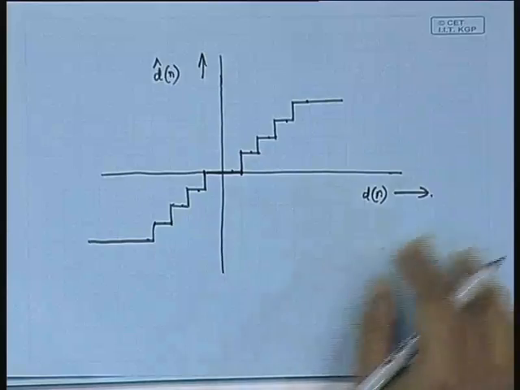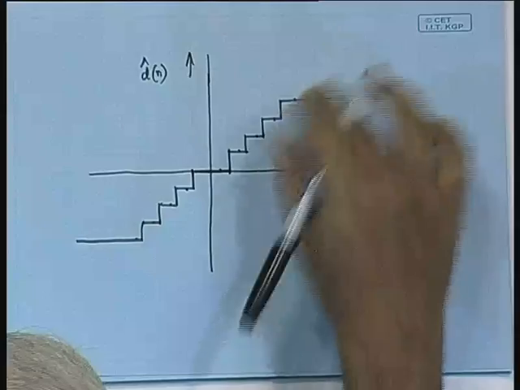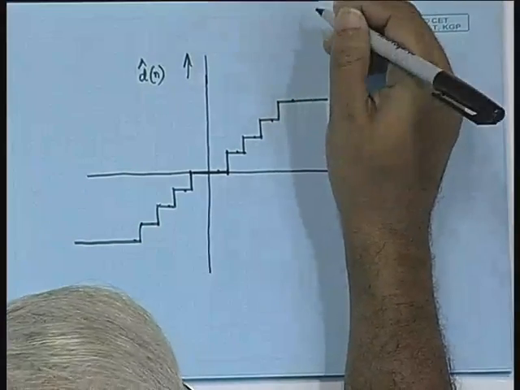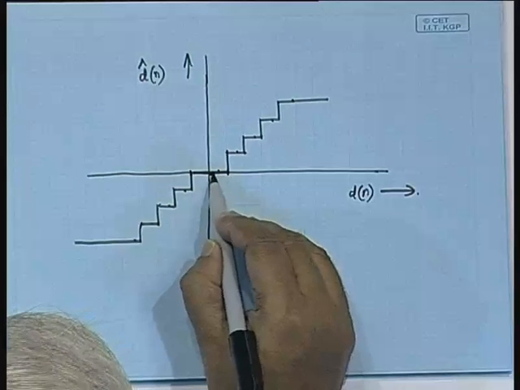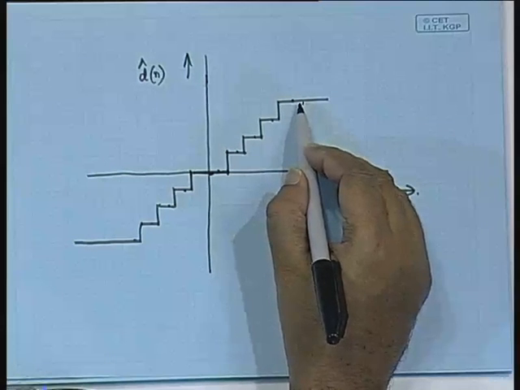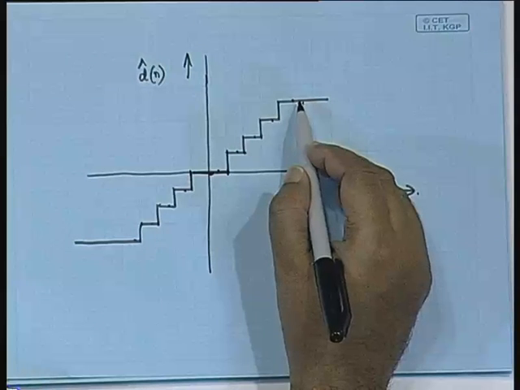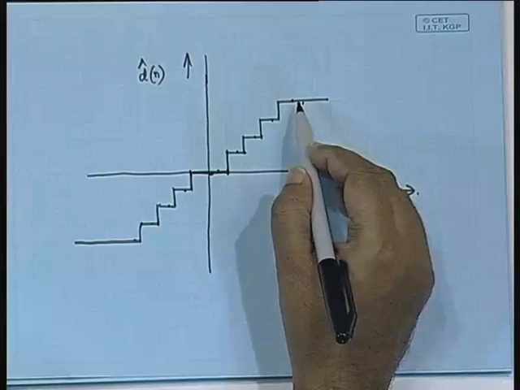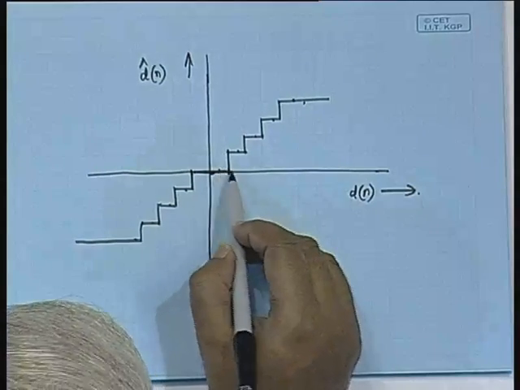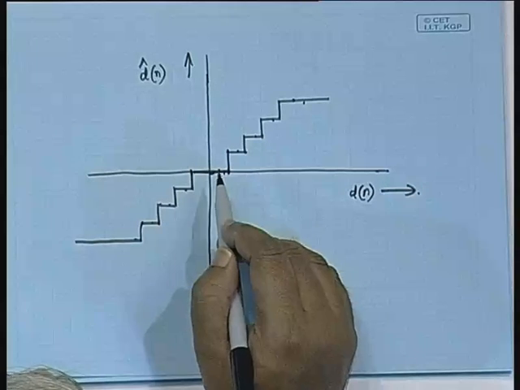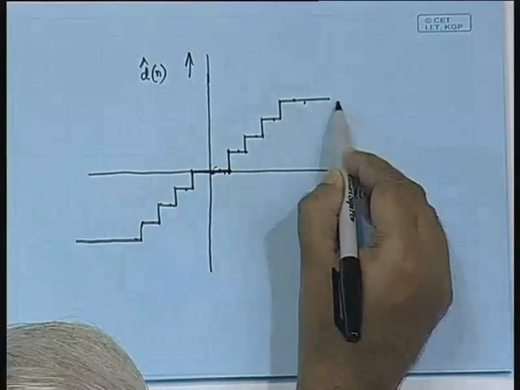Let us see, if we have a d cap n versus dn characteristic somewhat like this, in that case if dn varies from this level to this level, a sudden or sharp change, which will result from a sharp change in the value of the analog waveform itself, then because of that sharp change we are going to alter the quantization level from here to here.